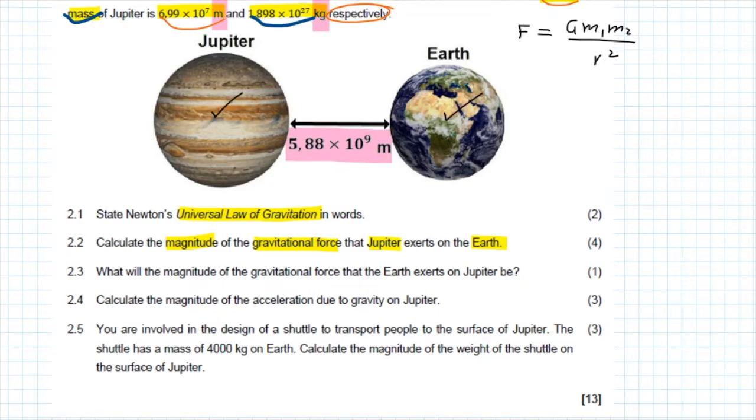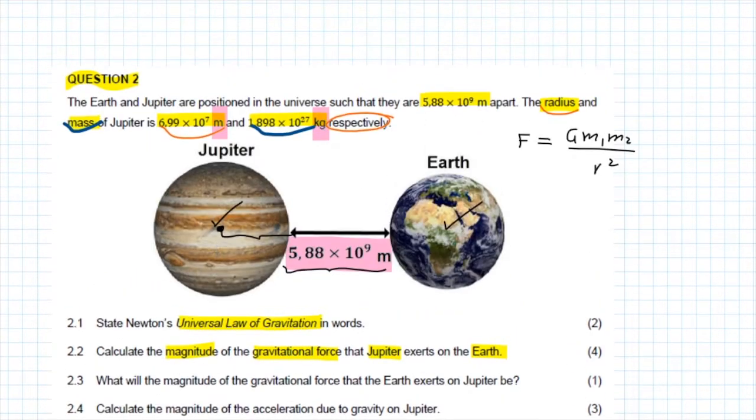R is the distance between their centers. Now notice that this is not the distance between their centers, so we're going to have to perform a calculation. Here's the center of Jupiter. How are we going to get this distance? Well, that distance is the radius that was provided to us over here. Earth also has a radius, and there's its center. So how are we going to get that radius?